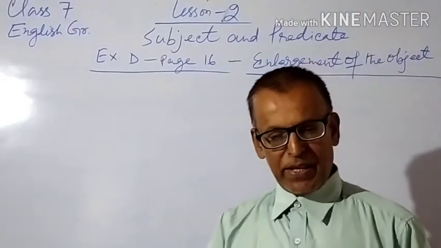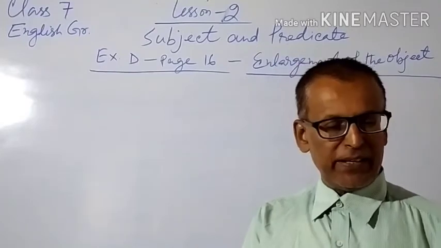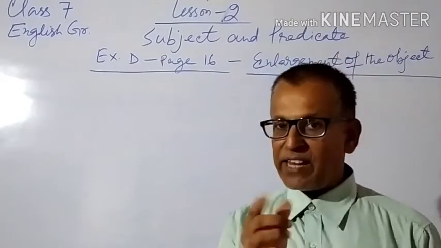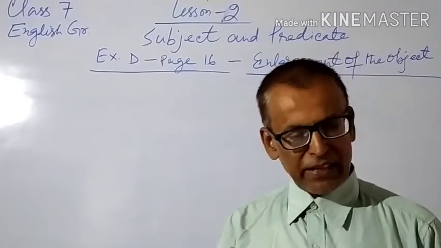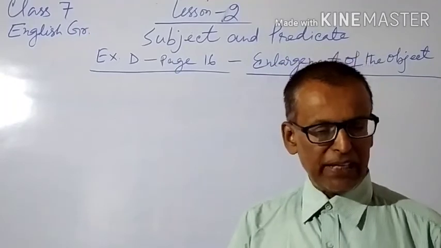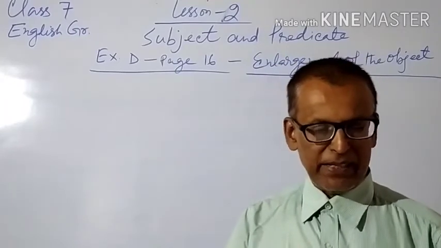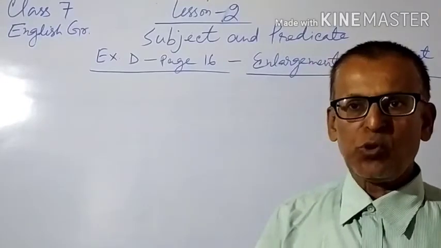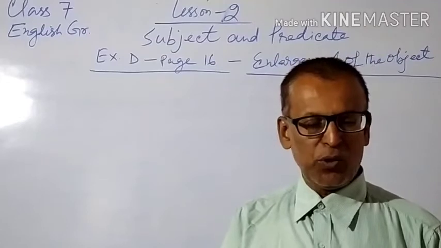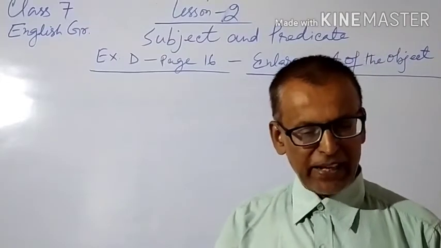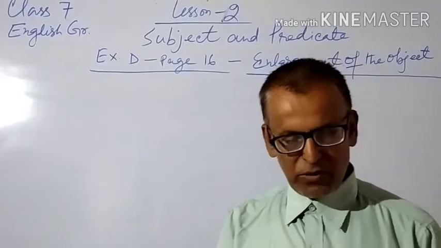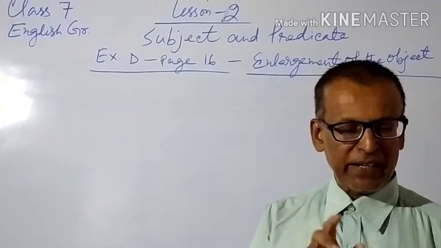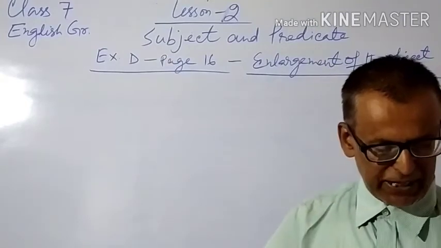Now we will see the whole sentence, which can be broken under several aspects: enlargement of the subject, then the subject itself, verb, enlargement of the object, the object itself, and then extension of the predicate.